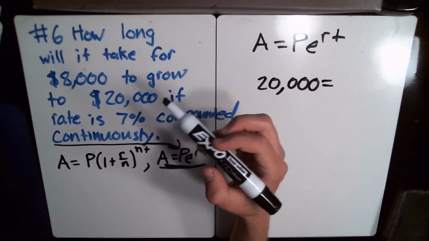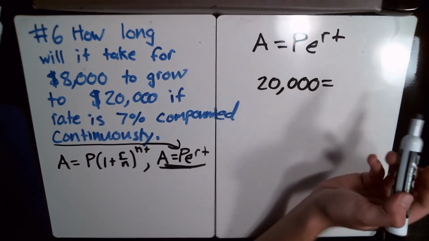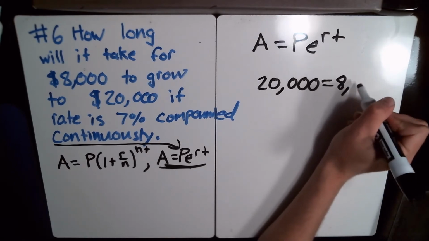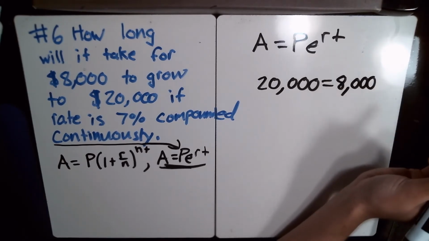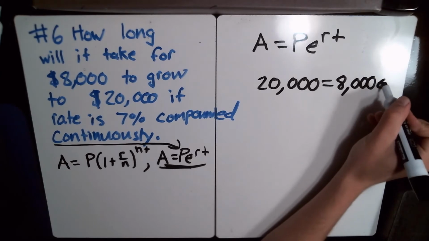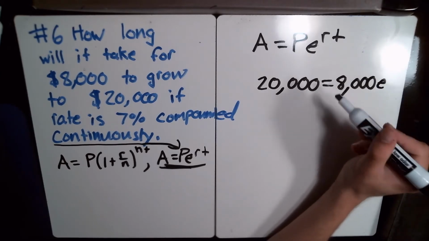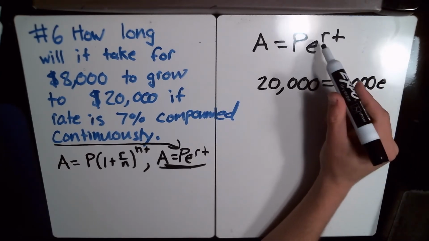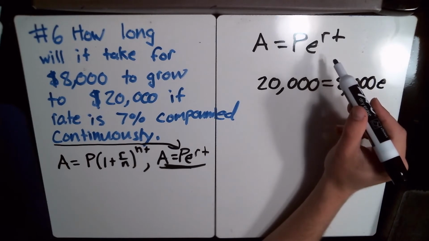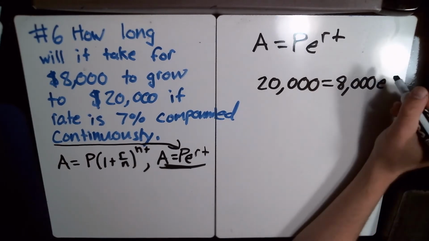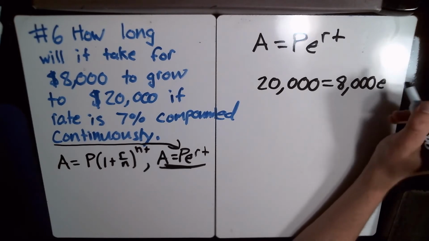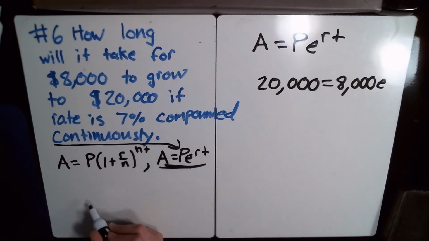And then I know P is how much I'm starting with, so 8,000, times e to the rt, where r is the interest rate, which is 7%, which we should convert to a decimal.